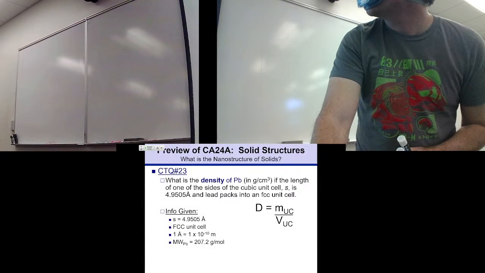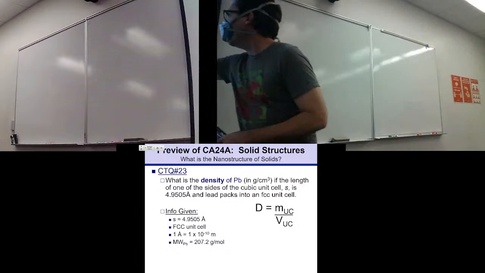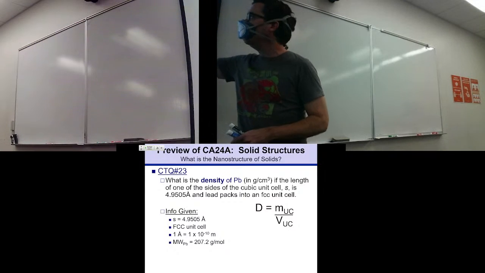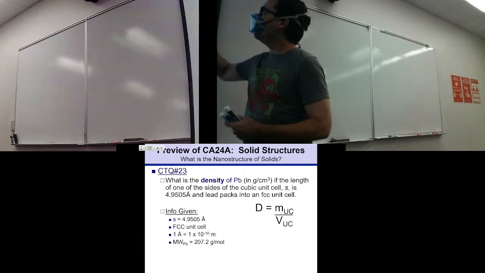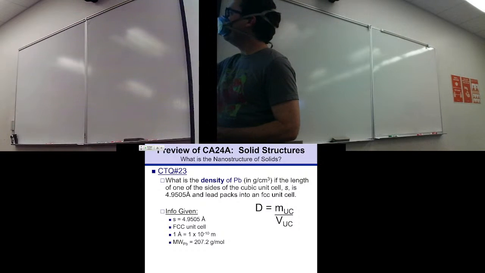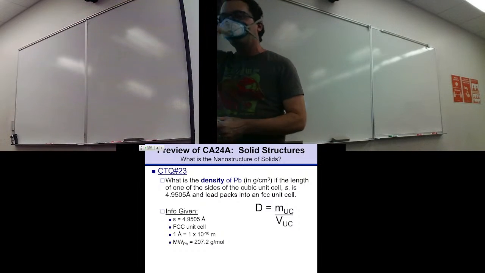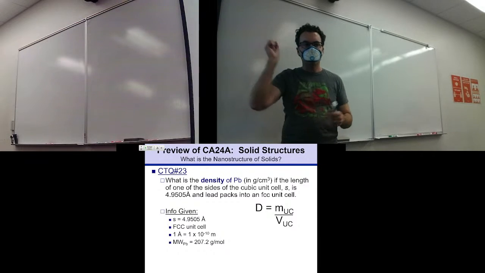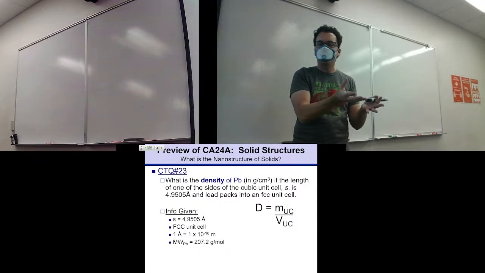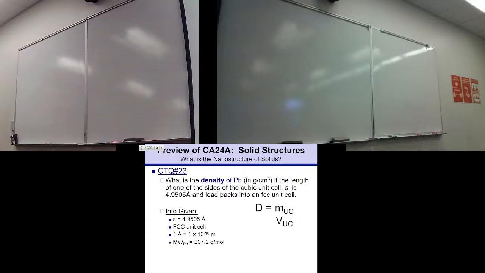So we did mass of the unit cell, volume of the unit cell. The volume of the unit cell is going to depend on a couple things. Sometimes you have to know the radius of the atom, and then you take one of those previous equations, plug in the radius of the atom, and get the volume of the unit cell. Sometimes you're given the side of the unit cell, S, that's literally the side of the unit cell.